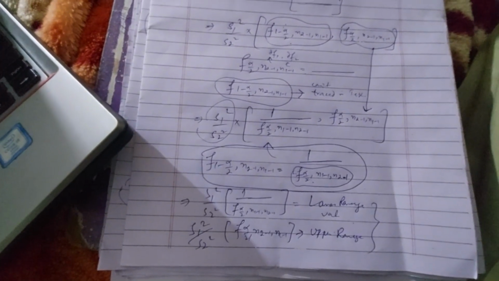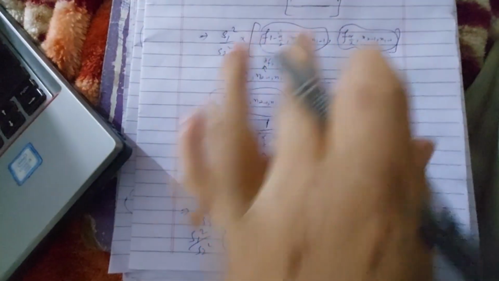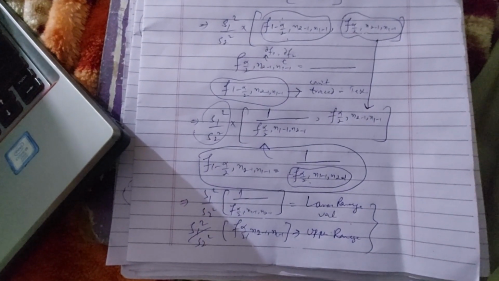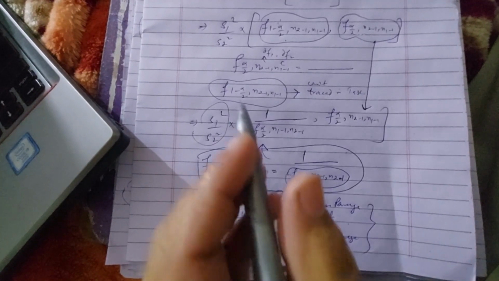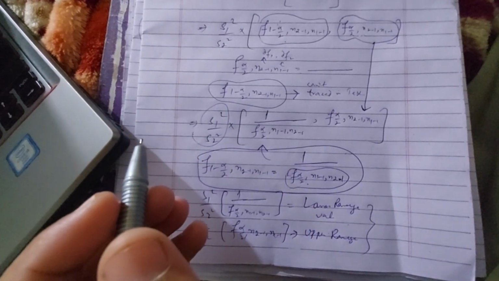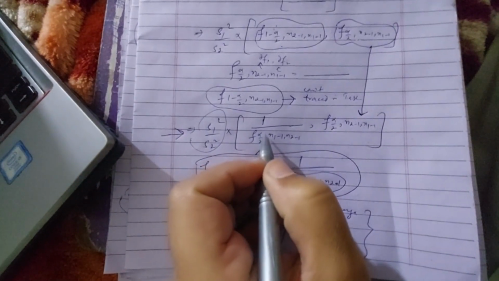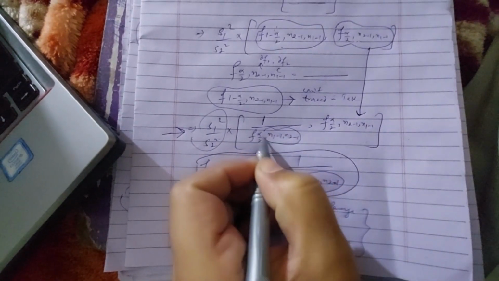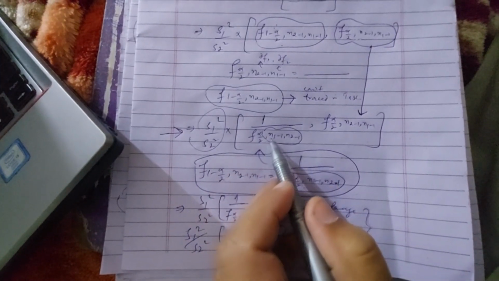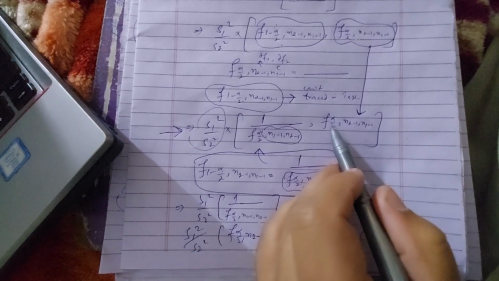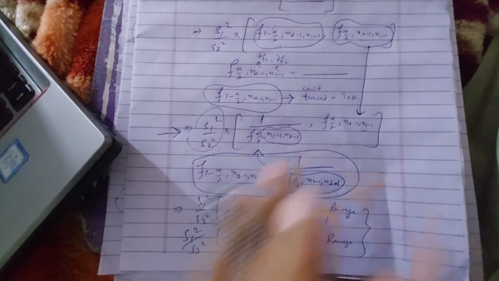Don't confuse yourself with 1 minus alpha by 2 and all that. You need to focus on this thing. In the first one we have alpha by 2 and 1 minus 1 and then 2 minus 1. In the second one we have alpha by 2 and 2 minus 1 and 1 minus 1.